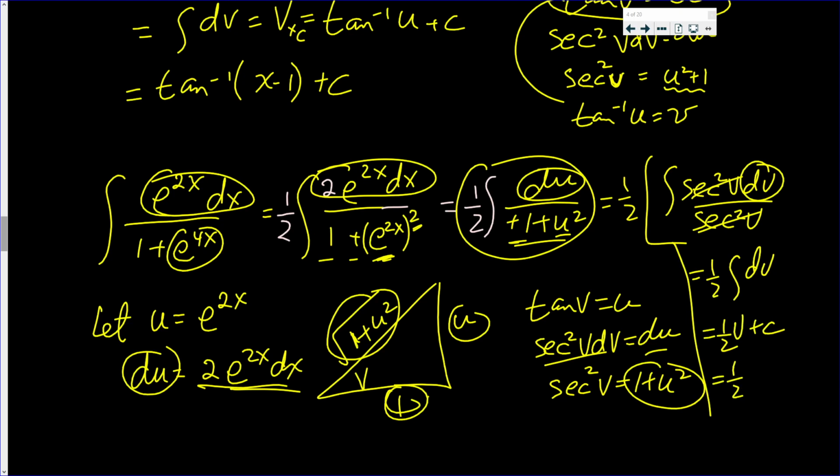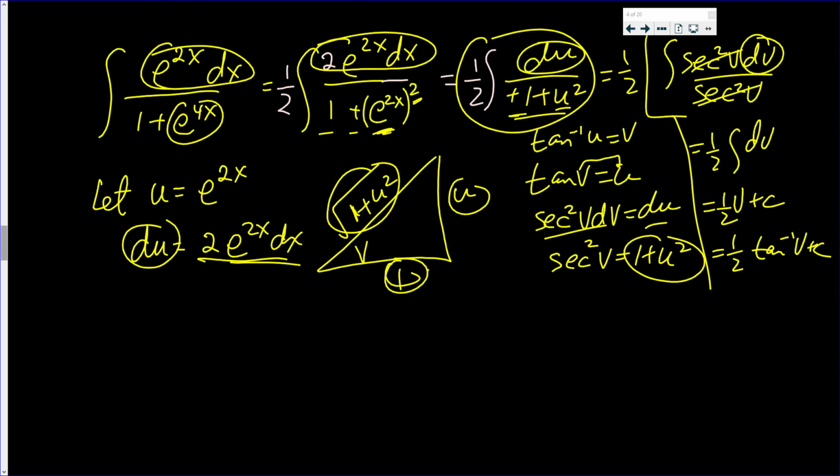V was, interchange these and put inverse: the arctangent of u is V, so it's the arctangent of u plus c. And then lastly, plug in what u is.